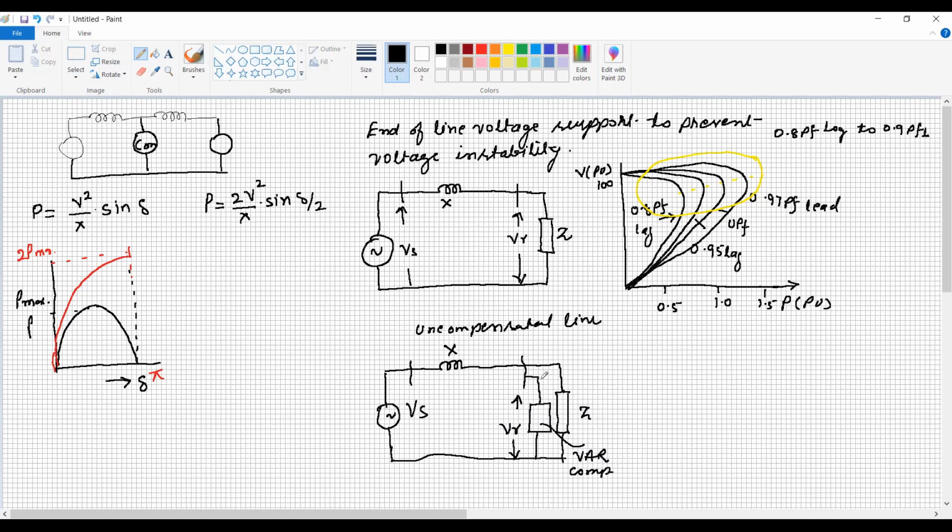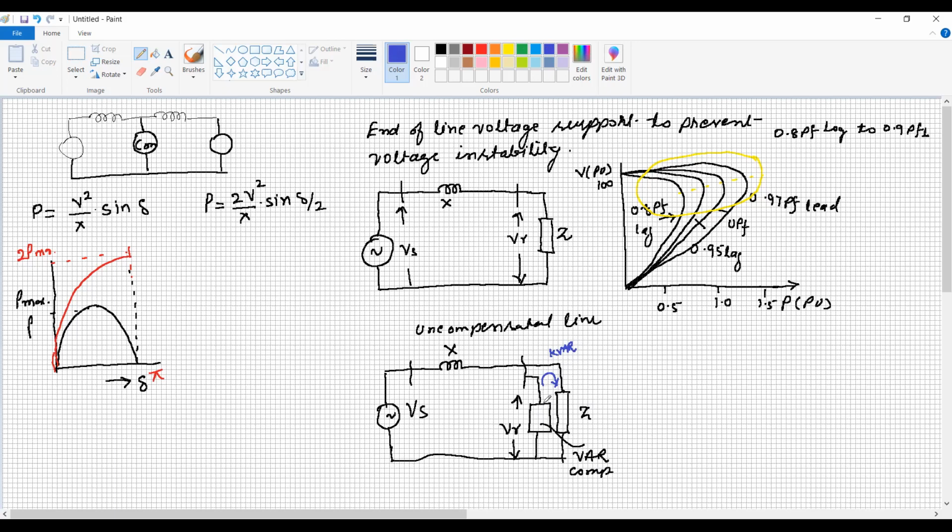Now, when we are connecting the static VAR compensator, whatever reactive power is required, it may be lagging or it may be leading. Suppose the static VAR compensator consists of a thyristor controlled reactor and thyristor switched capacitor, then it is going to deliver the reactive power needed by the load, in kVAR or MVAR, isn't it?